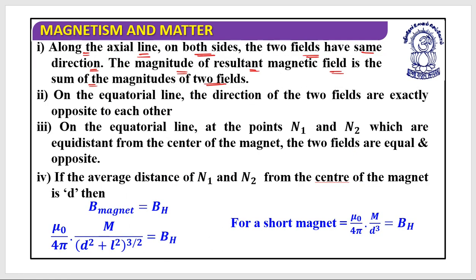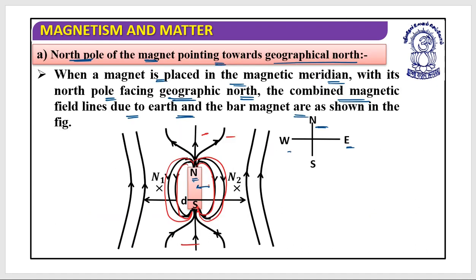But on the equatorial line, the directions of the two fields are exactly opposite to each other. So on the equatorial line, at the points N1 and N2, which are equidistant from the center of the magnet, the two fields are equal and opposite. Let's have a look at these locations, N1 and N2.